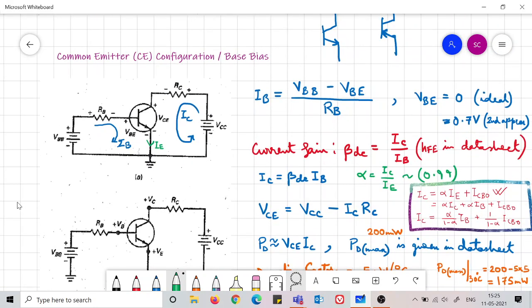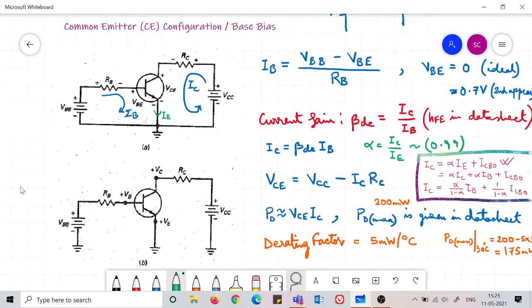This is the common emitter configuration. There are 3 terminals of the transistor: base, collector and emitter. Notice which terminal is set to ground and which terminals have a resistance connected with it.